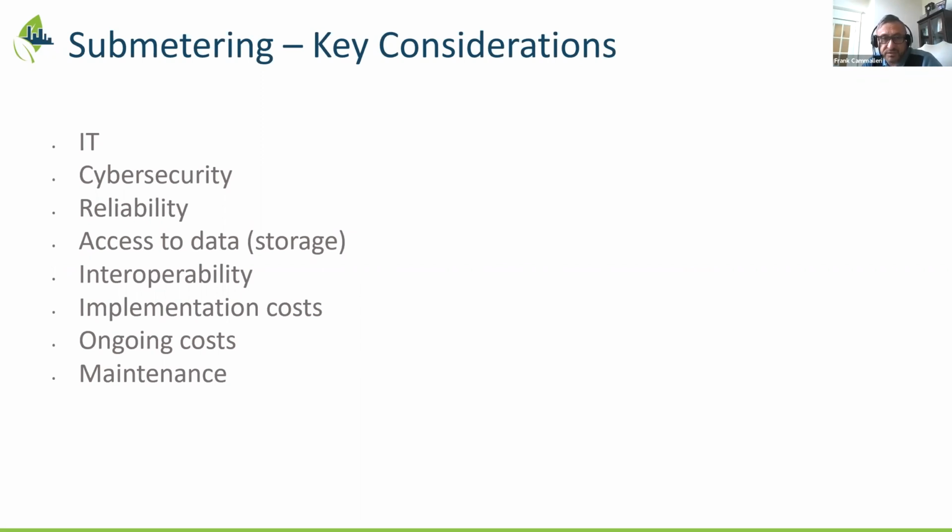Access to storage and interoperability are interrelated to accessing it and connecting it to the BAS. Implementation costs are obviously things you would want to consider. We talked about when it makes sense to be sub-metering something, and being mindful of the costs that continue on, be it for watching and using the data, but definitely from a maintenance perspective, as Mike touched upon a little bit.